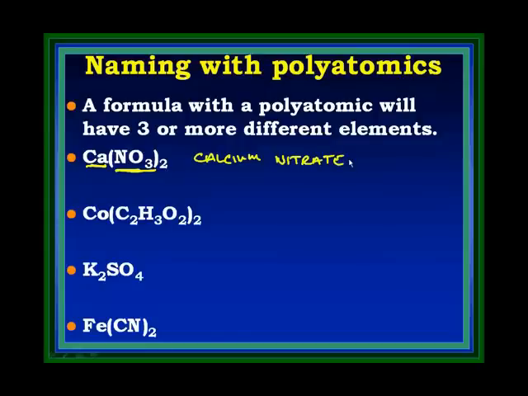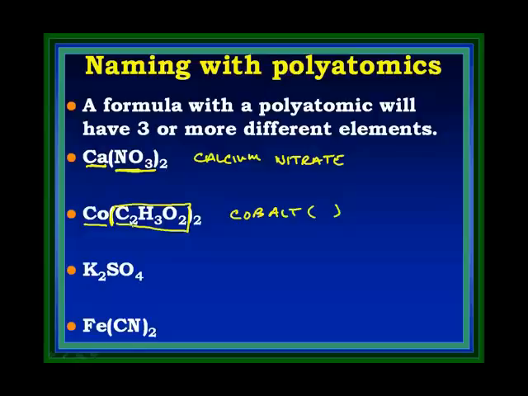For this next one, same process. I look here, I've got cobalt, Co. Is cobalt a transition metal? Yes, it is. So we're going to have to figure out a charge. For the meantime, we'll just put cobalt and then parentheses. And then I name my second polyatomic ion group here.